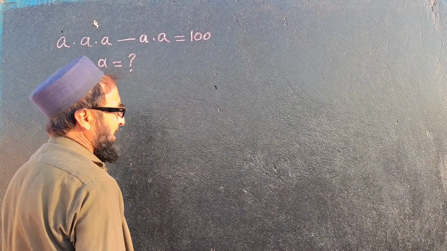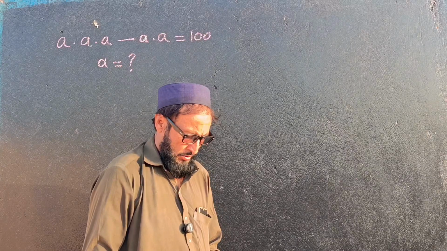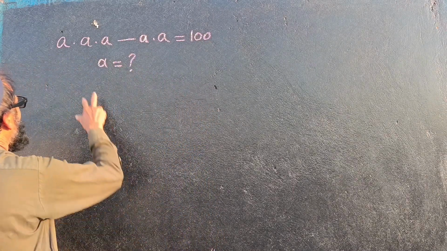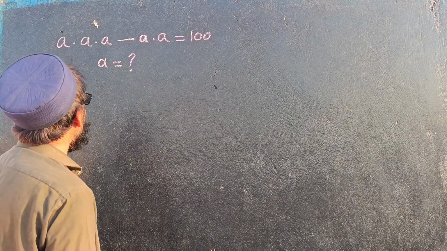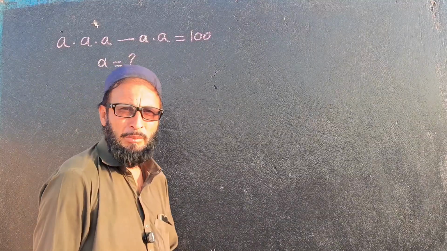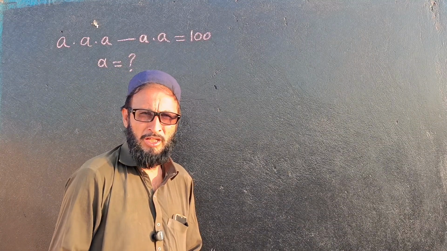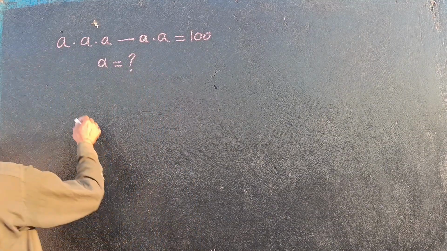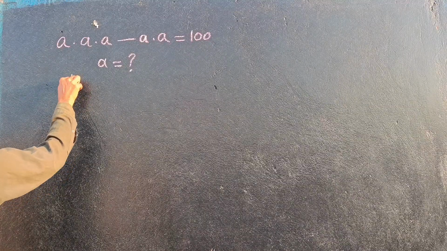Very interesting algebra equation. So according to the product rule, when the bases are the same and the product forms, we add their exponents, and here the exponent is 1.